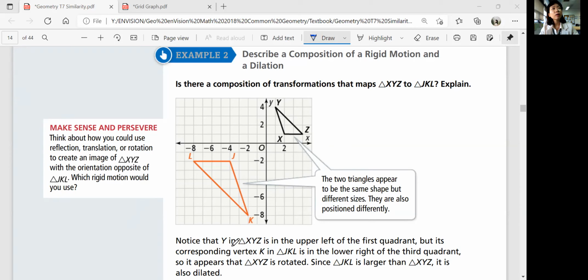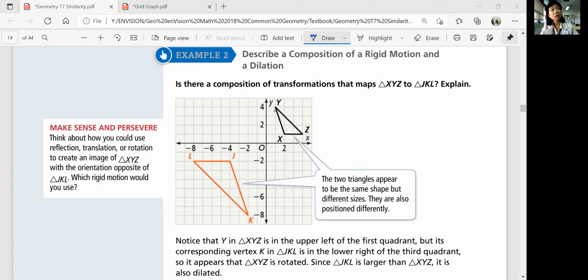Notice that Y here is in the first quadrant, but the corresponding point is K, and it's in the lower right of the third quadrant. So it seems to be rotated.